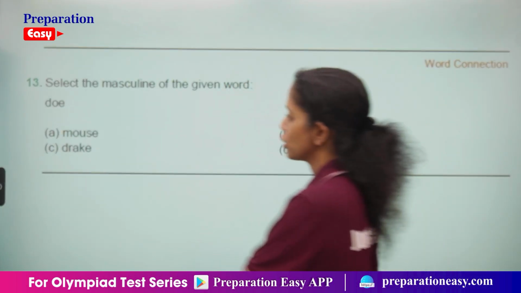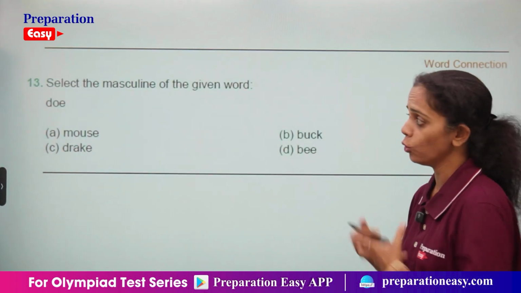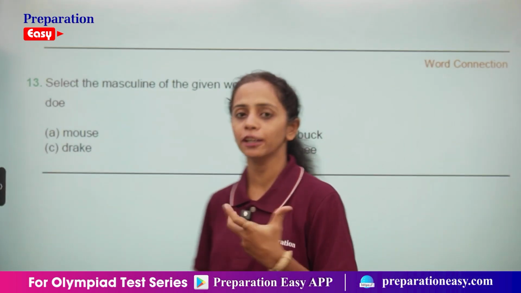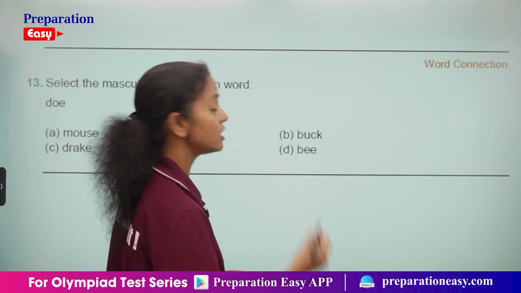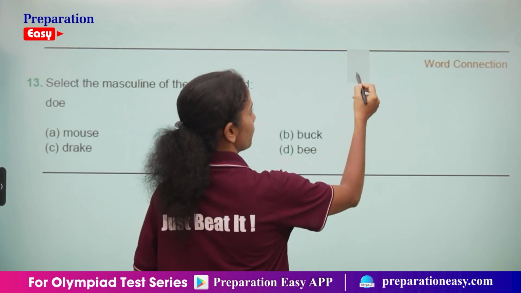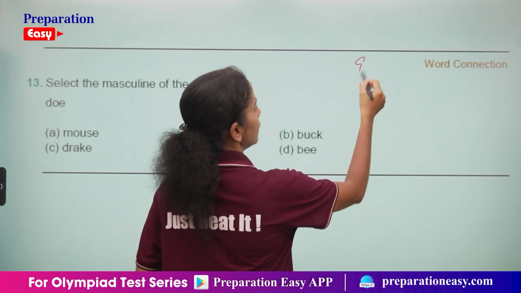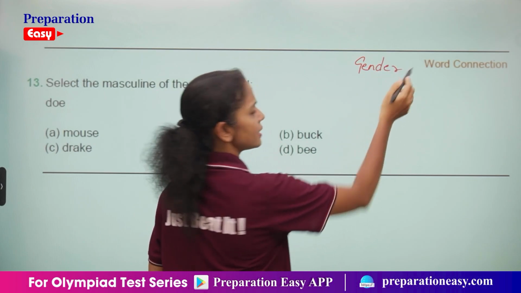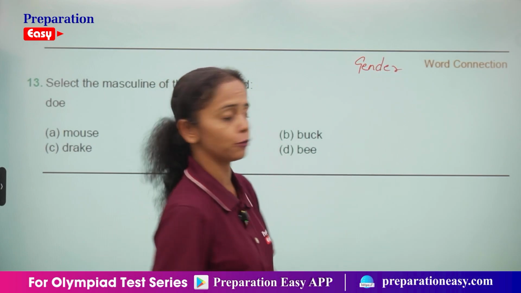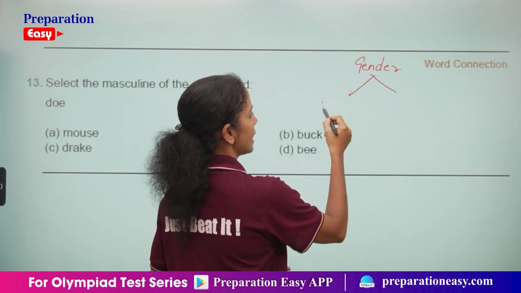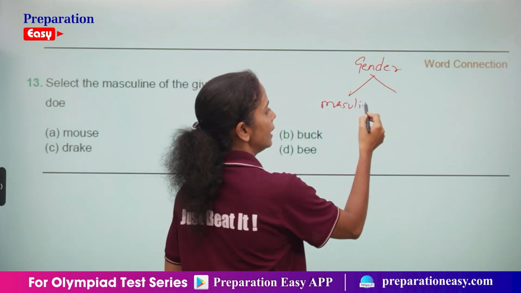Next is the masculine which you have to find. Over here, we are going to see the gender form. Now, what do you mean by gender? Gender comes in the noun form. In this gender form, there are two different categories known as masculine and feminine.